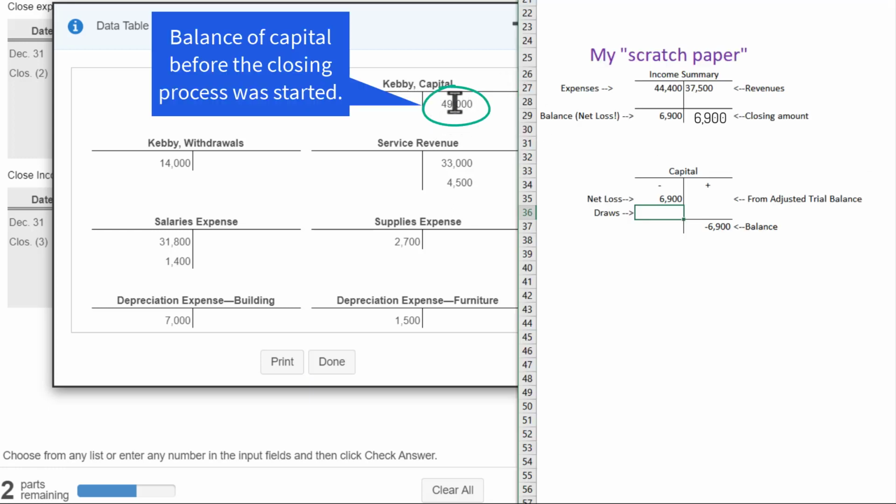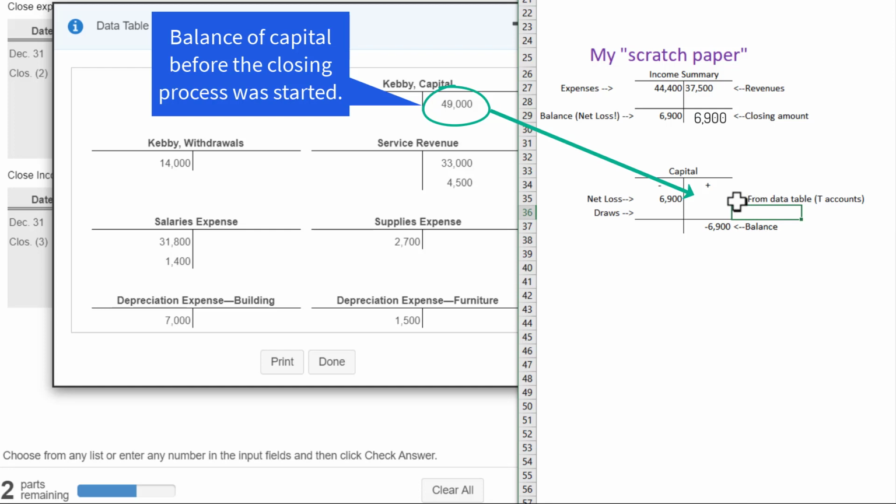So this 49,000 was before the closing process. And this label is actually wrong. I use this scratch paper, this Excel from the previous problem.